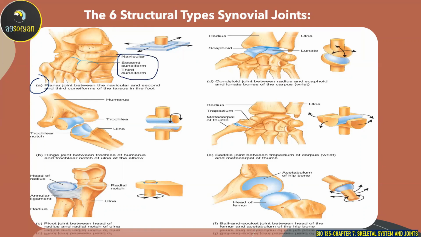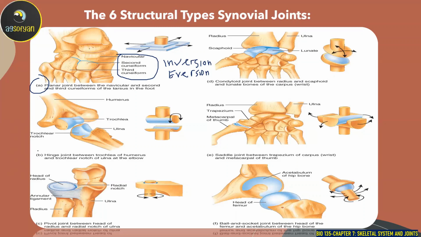The movement is going to be gliding left to right, like when we move our foot inward, inversion, and also eversion, outward. This is actually done by this type of joint, the planar or gliding joint.